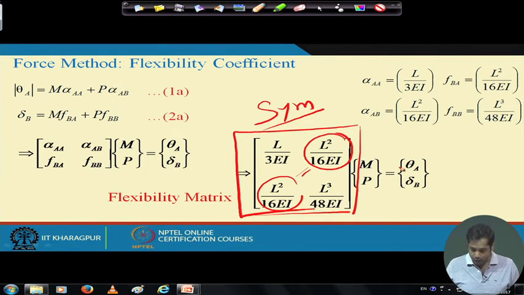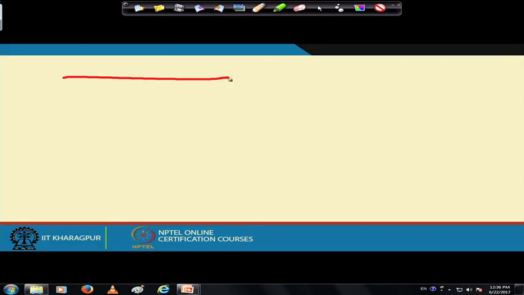Okay. Now, before we stop today, as I said, the choice of determinate structure is very important. Suppose you have a beam like this, with a hinge here, and then roller, and then roller.